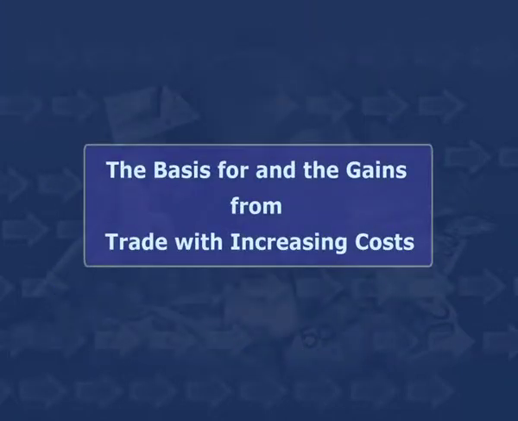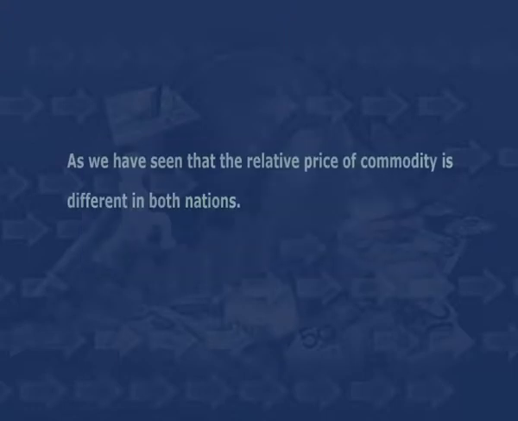Now let us see the basis for and the gains from trade with increasing costs. As we have seen, the relative price of a commodity is different in both nations. This difference in relative price gives rise to comparative advantage and creates the base for mutually beneficial trade.